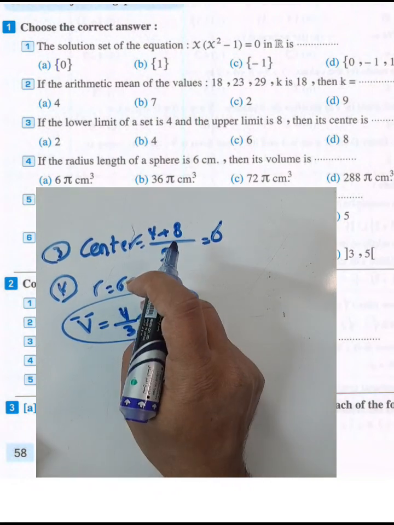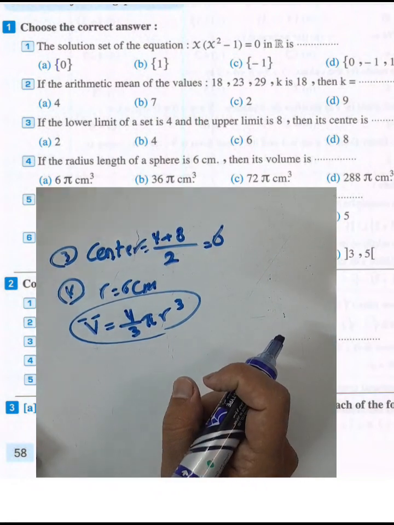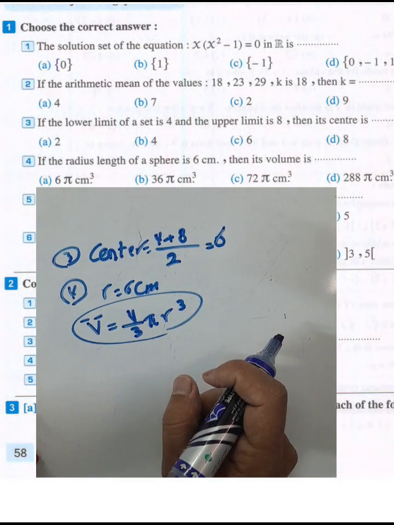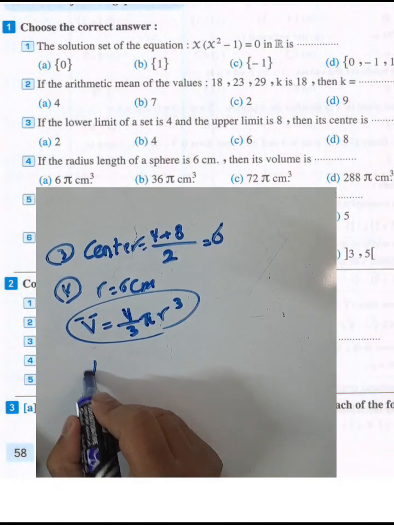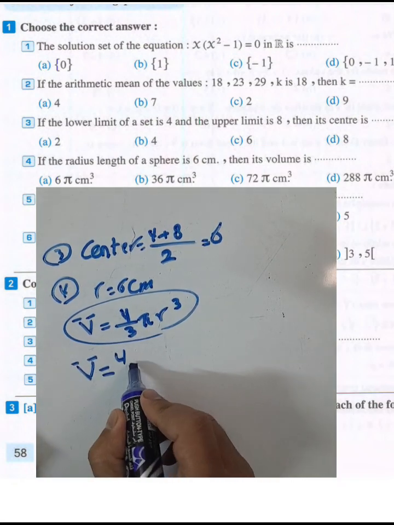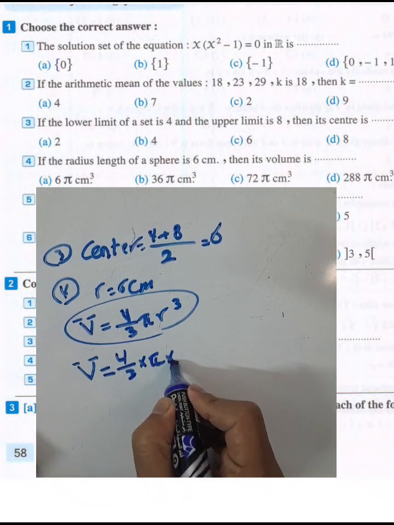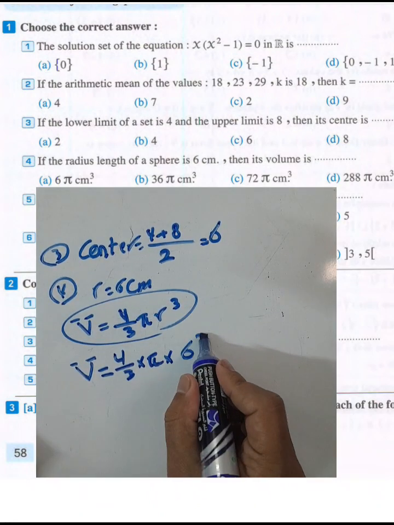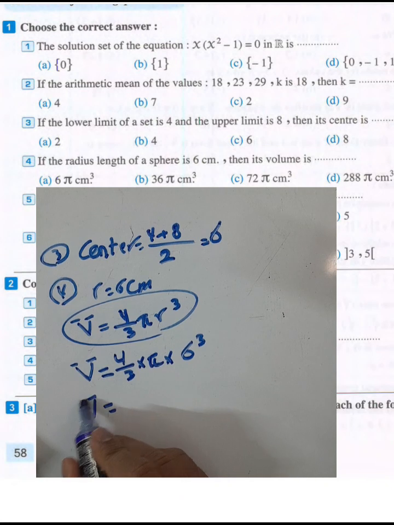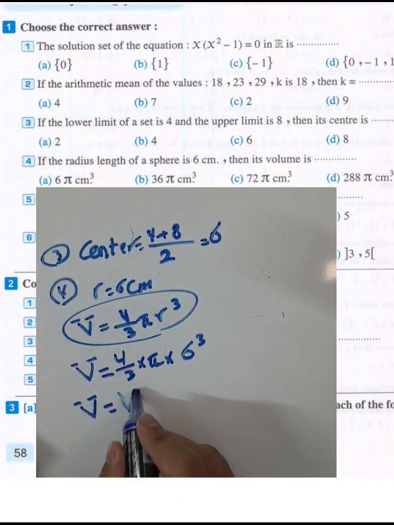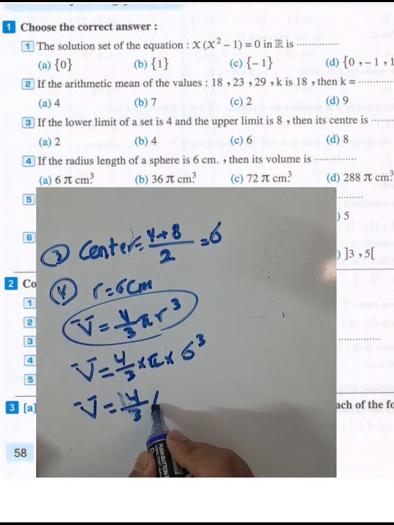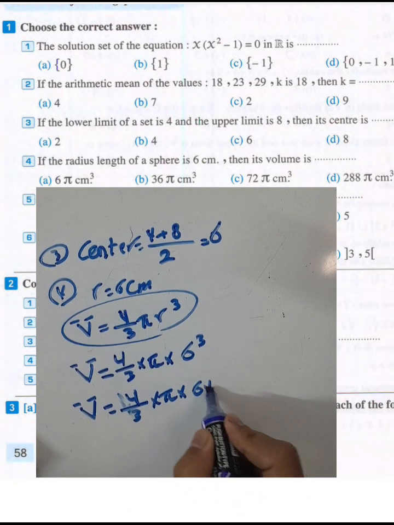Don't write 22 over 7, because the results have pi in choices A, B, C and D. Okay, then the volume will be 4 over 3 times pi times r power 3, 6 power 3. The volume will be 4 over 3 multiplied by 6 times 6 times 6.